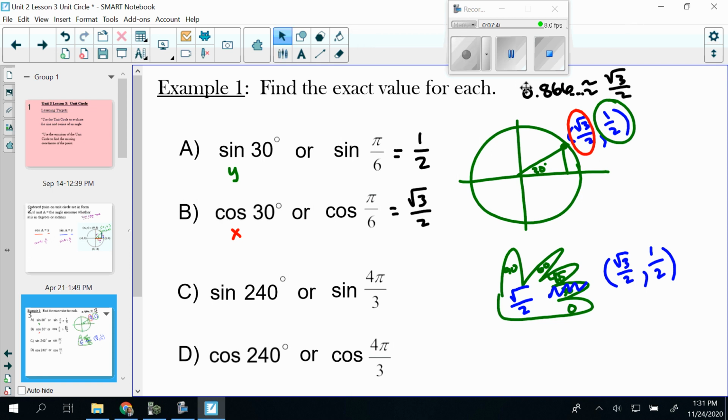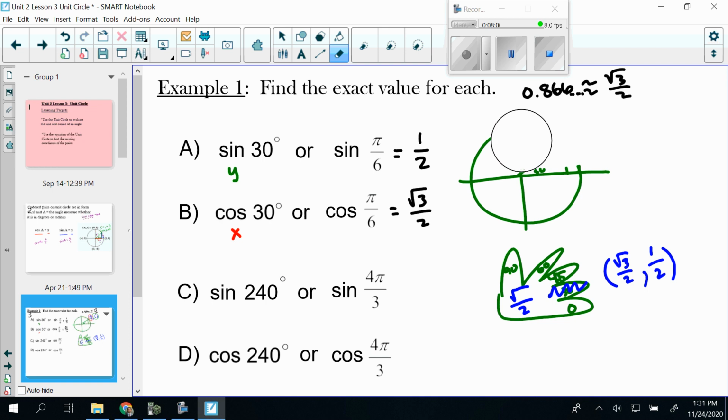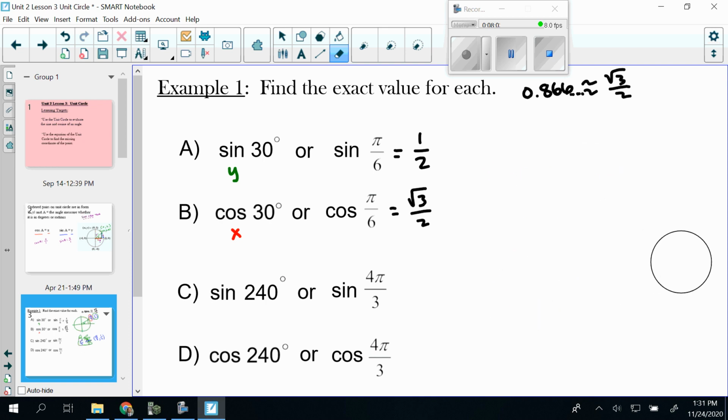All right, what about if we did sine of 240 or cosine of that one? Well, where on the unit circle is 240 going to be? Well, let's see, we got 240. That's more than 180.